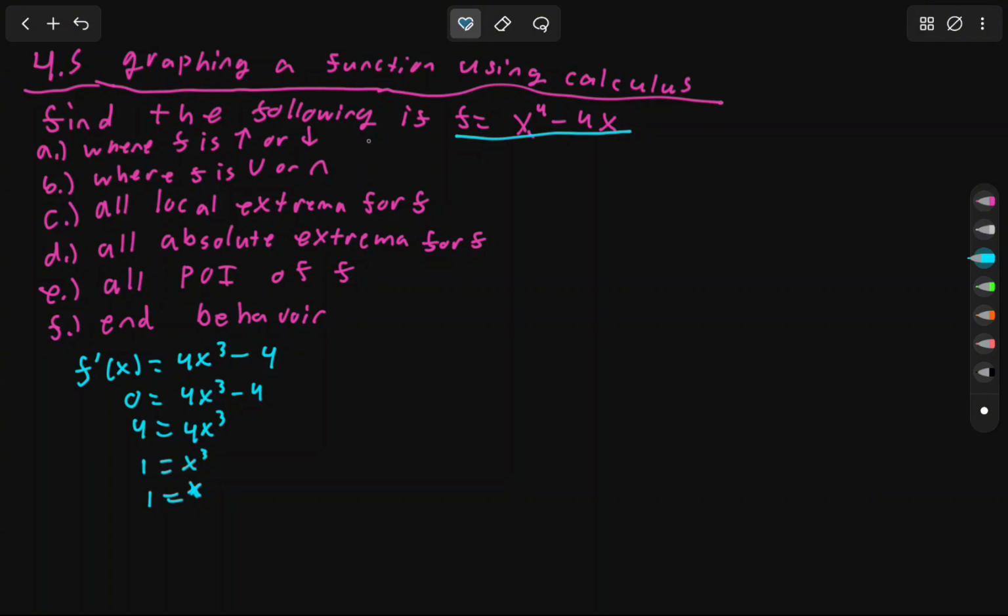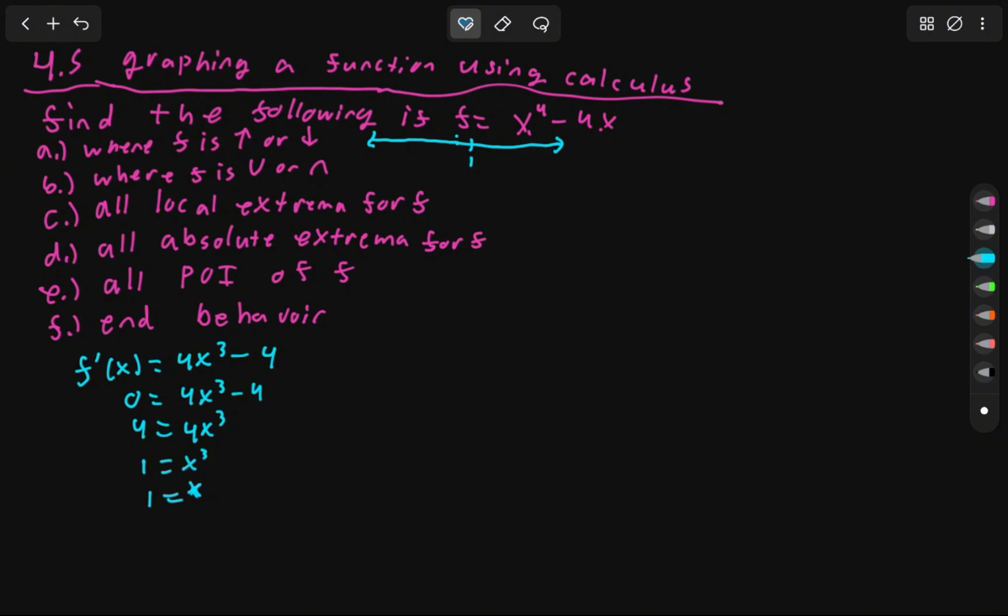Now we're going to come back to the trusty number line that I've been encouraging you to use. And you may notice my system looks a small bit differently today. That's just because I got a new app to do this on. So we know our 0 is 1 for f prime.